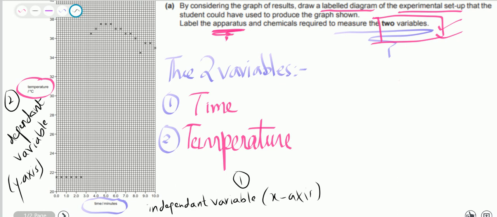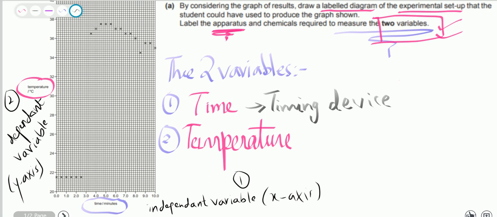For time you can have any timing device, for example a stopwatch.